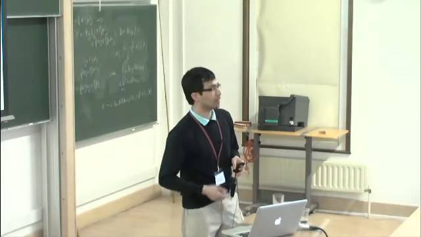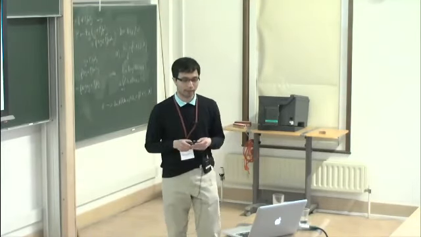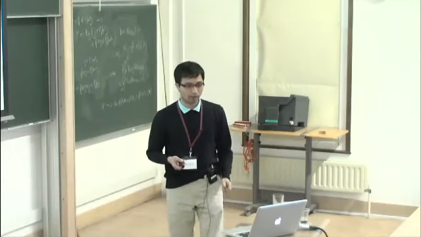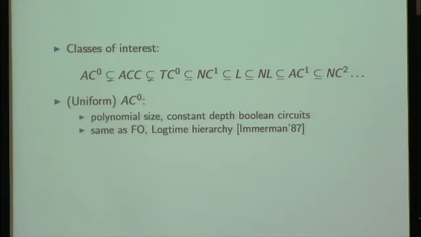This is a very interesting class because it has many equivalent definitions. It can be defined as the class FO of first-order structures that are definable by first-order sentences with plus and times, or it is the same as the log-time hierarchy.